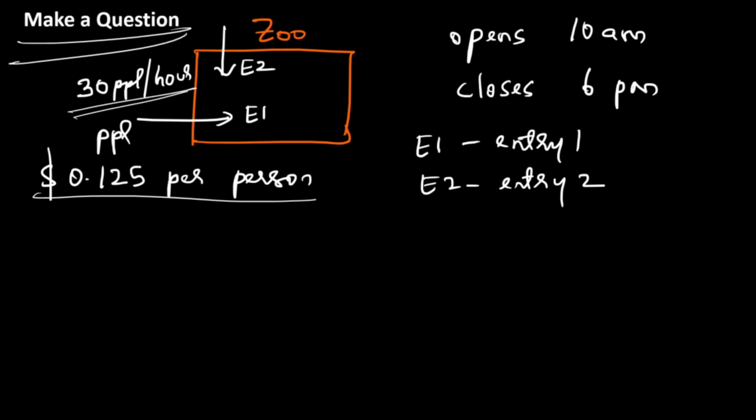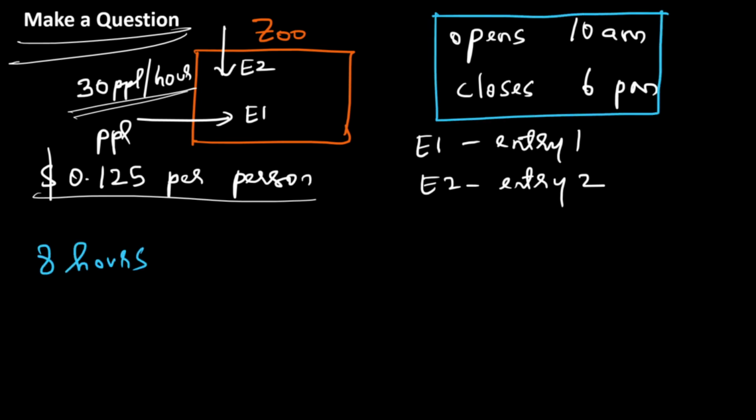You can see that when I made this question, I had a few things in mind. It's actually this part that helps you solidify your learning, because now you're thinking like the examiner. Your aim is not to make the student do a lot of calculations. You're trying to test something. I've kept the zoo open for 8 hours on purpose.